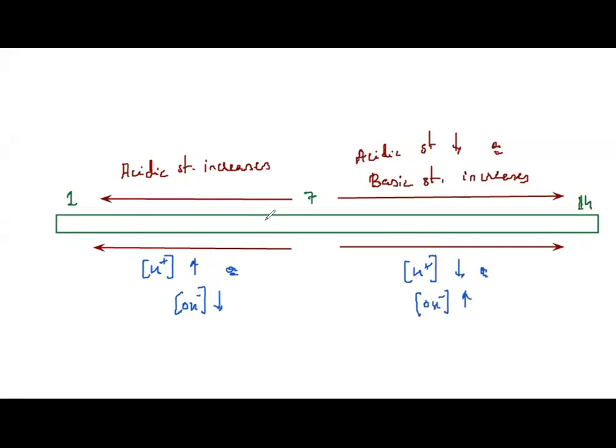So suppose the solution is somewhere here, say pH is around 6. It is acidic. If I add some amount of acid to it, the pH will still decrease, it will be less than 6. If I add some amount of base, the pH will be more than 6. That means it will increase.